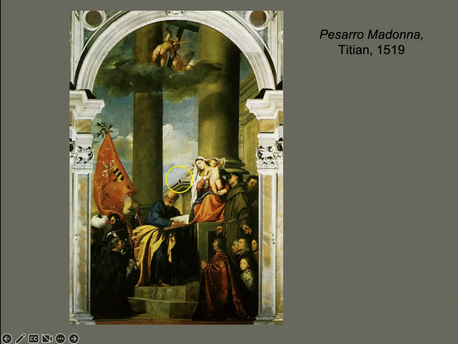And then we see diagonals in the background as well. So we're starting to see more diagonals being used rather than just horizontals to create that really stable composition. Also, the fact that we have an interior with an exterior scene is pretty typical of the Renaissance.